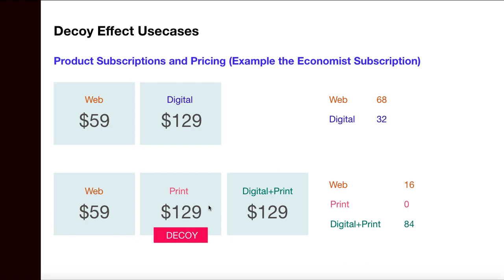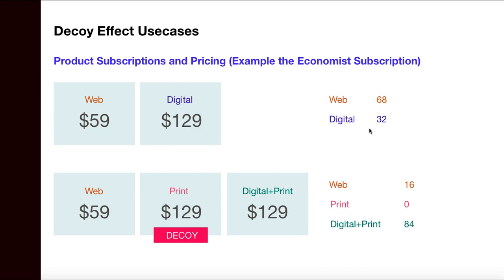This was a magazine where they had two subscriptions. One is the web, which is $59, and digital for $129. So initially when students were asked to select between these two subscriptions, the web got 68 votes and digital got 32 subscriptions.